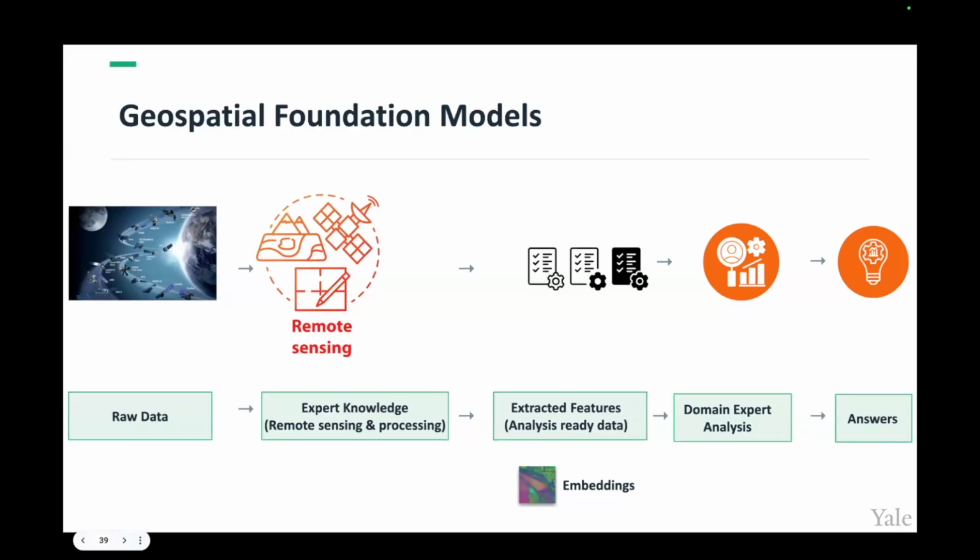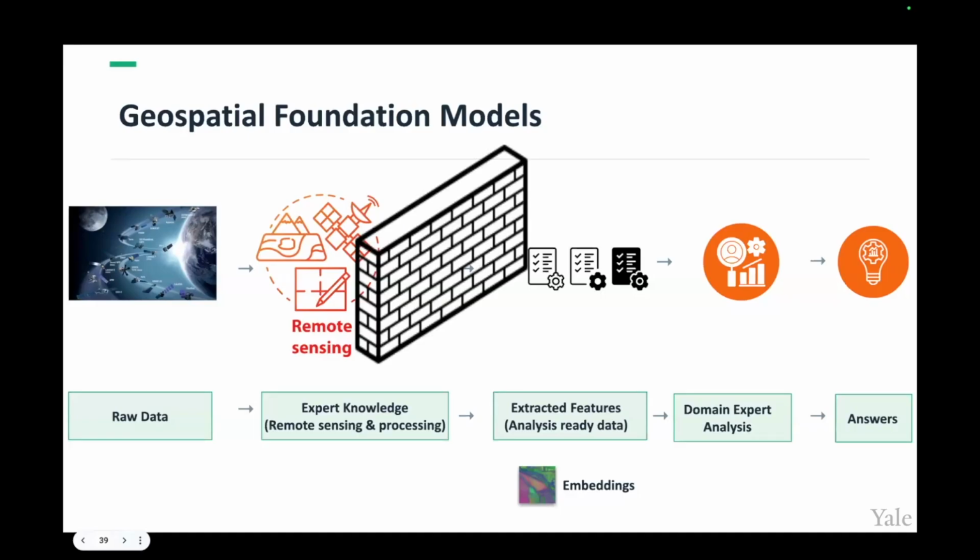You get the remote sensing data. You need some remote sensing or geospatial expertise to process this data to produce data that is useful for your research. Most of you in this room are interested in these last two pieces of the work. You want the data that is useful to your research, and then you want to apply your domain analysis capability to answer the question.